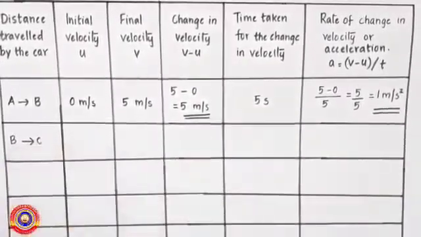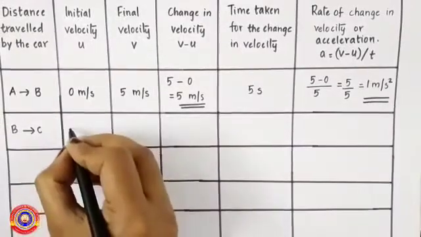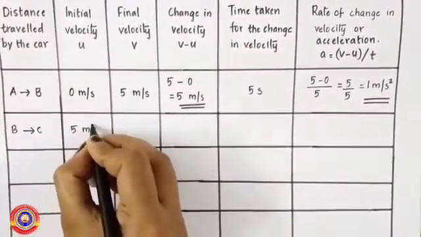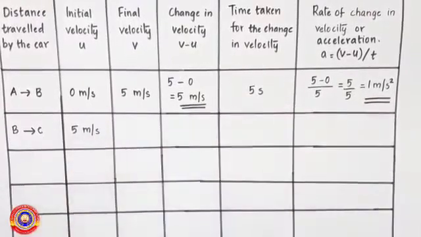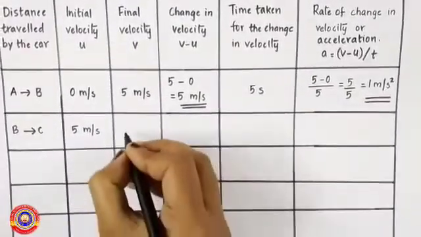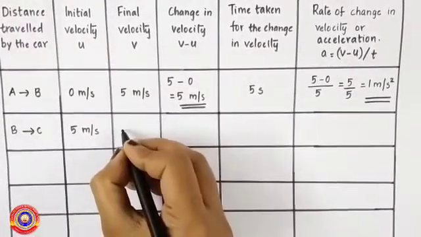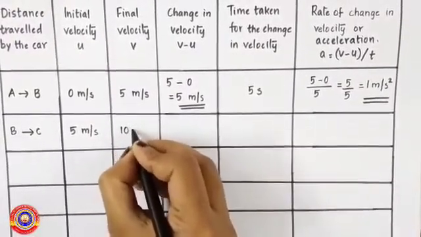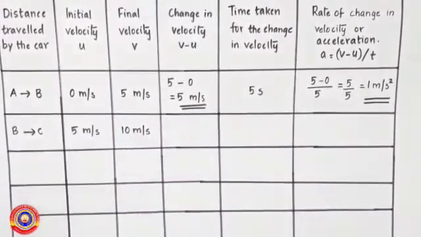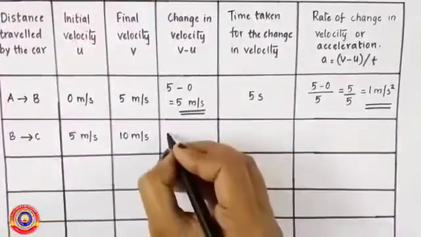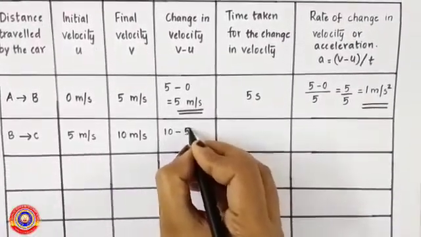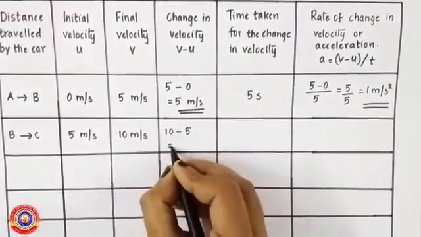Similarly, let's find the rate of change in velocity from B to C. Here, the initial velocity is 5 meter per second, because the velocity at the point B is 5 meter per second. So it is considered as the initial velocity. And the velocity of the body when it reached C is 10 meter per second.